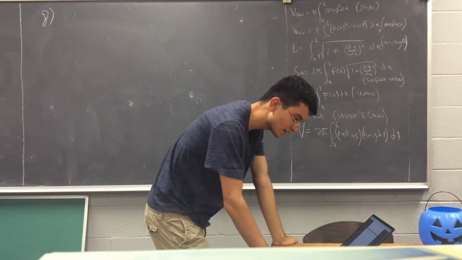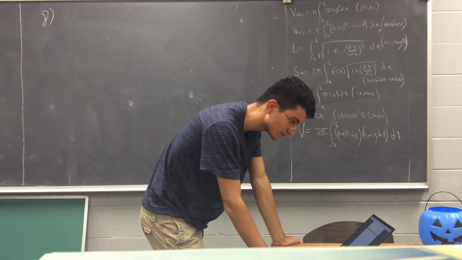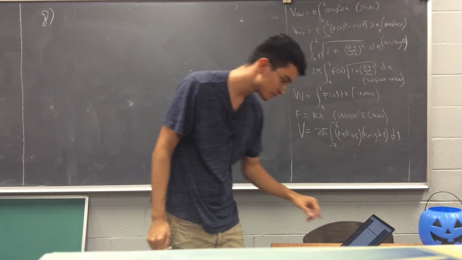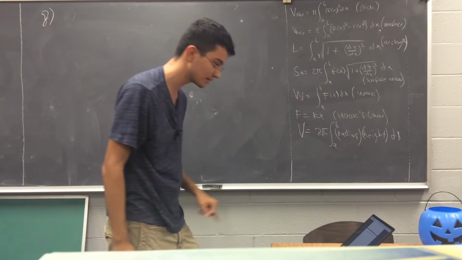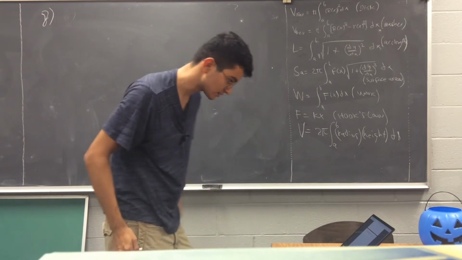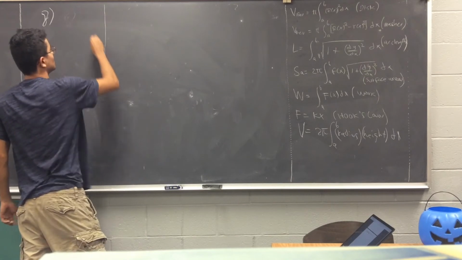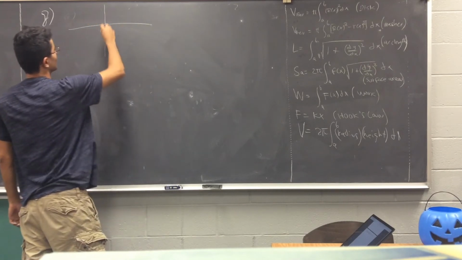Find the surface area of the paraboloid formed when the curve x equals y squared from 0 to radical 2 is revolved around the y-axis, I mean the x-axis. Okay, so we have something like this. x equals y squared looks like this.